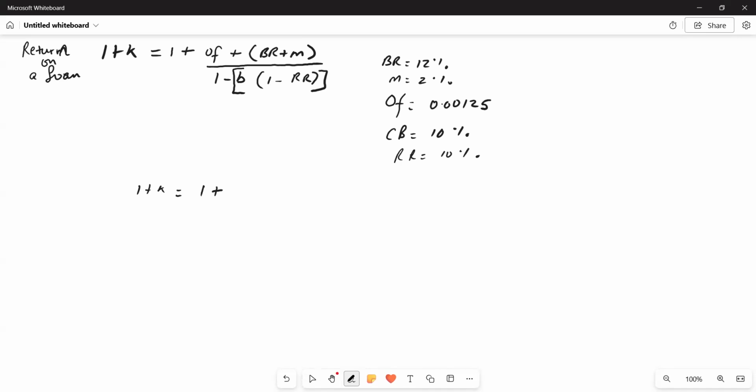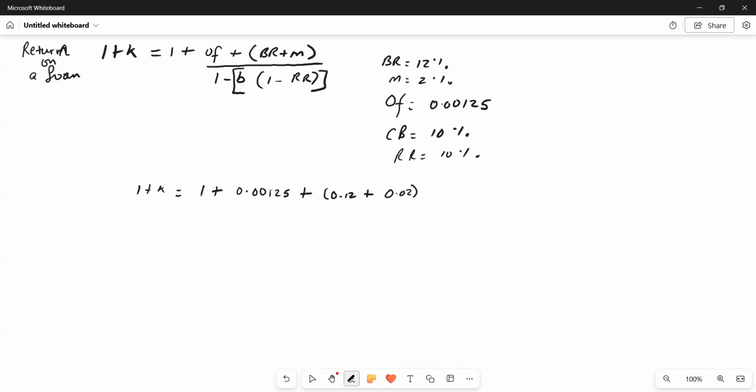So your origination fee in this case was 1/8%, which is 0.00125, plus your base rate was 12%, so that's 0.12, plus your risk premium, which was 2%, or 0.02 when we write it as a decimal.